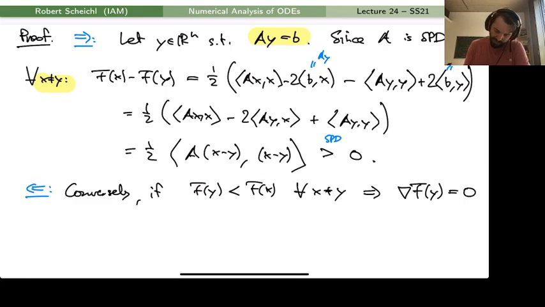So let's look at what the gradient of f is. Let's look at df by dxi of x, and I'll do it in a very elementary way.